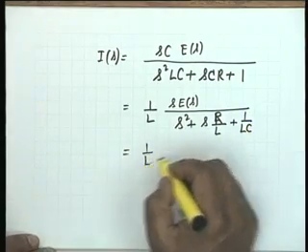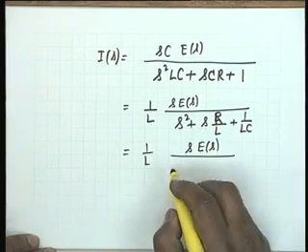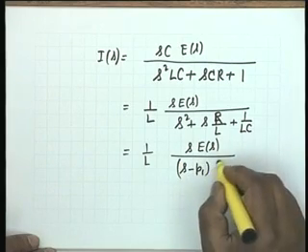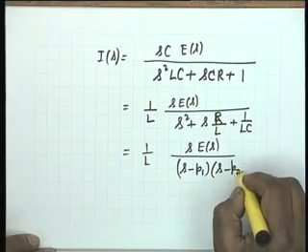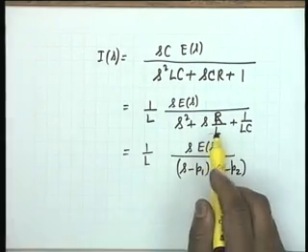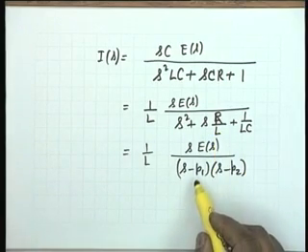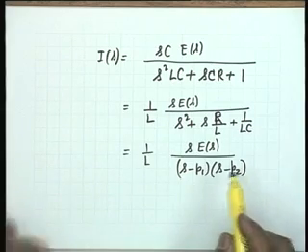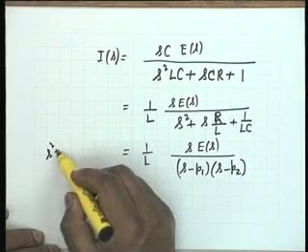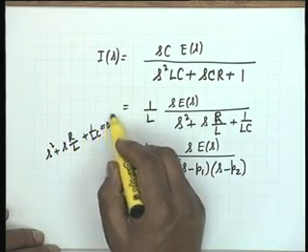That I can write as 1 over L S E of S divided by S minus P1 multiplied by S minus P2. It has two roots. This quadratic can be factored, will have two factors, and the factors are S minus P1, S minus P2, where P1 and P2 satisfy the quadratic equation S squared plus S R by L plus 1 over LC equal to 0.